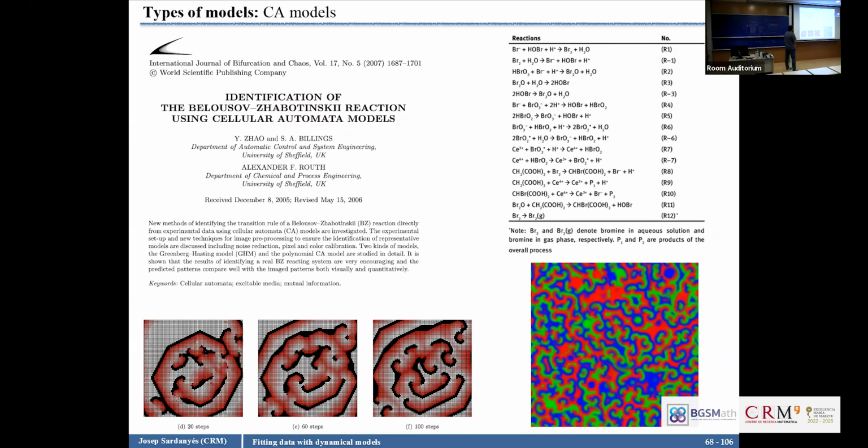This system is very easy, and actually you can do it in the lab. You only need a Petri dish, mix all these chemical species, and here you have this paper, and this is how the reaction looks like. This is a real experiment in which you have traveling waves that interact with each other.